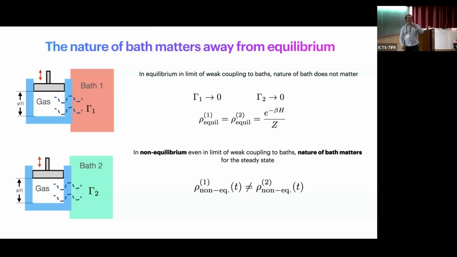Here is one of the key messages of this talk. There is a crucial difference between equilibrium and non-equilibrium physics, when you're driving and you're coupling to a bath. In equilibrium physics, whatever bath you couple your system to, this might be fermions, let's say this one is bosons, if this bath is very large compared to your system and the system-bath coupling is very weak, if you open the textbook, it doesn't matter what you're coupling into.